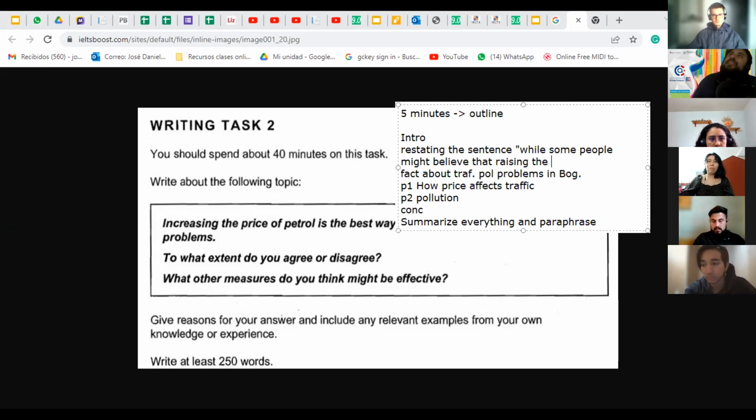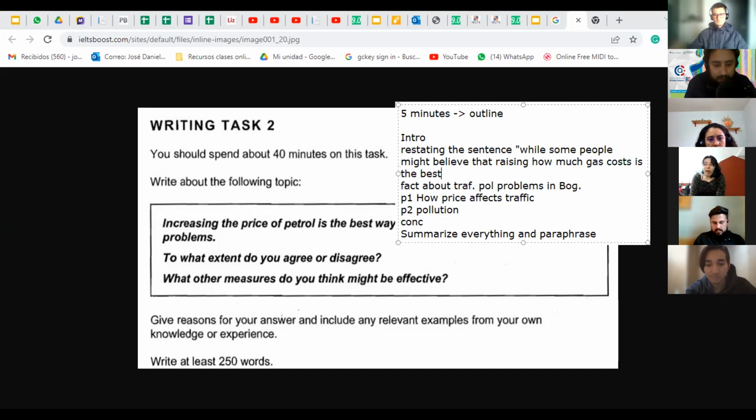Maybe instead of price, how much gas costs, is the best solution to the issues of... you don't have to write the whole thing. I'm just explaining what I mean by restating the sentence.